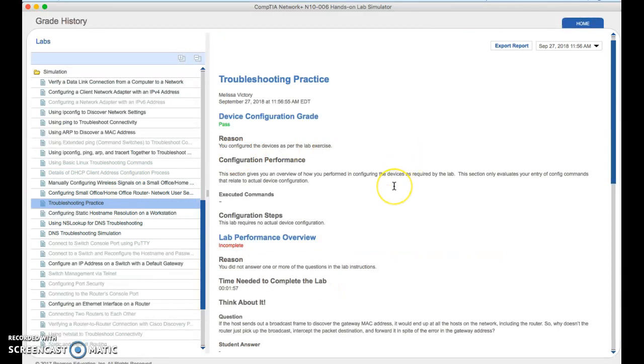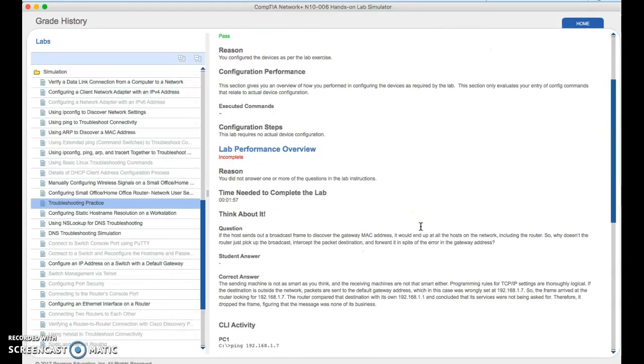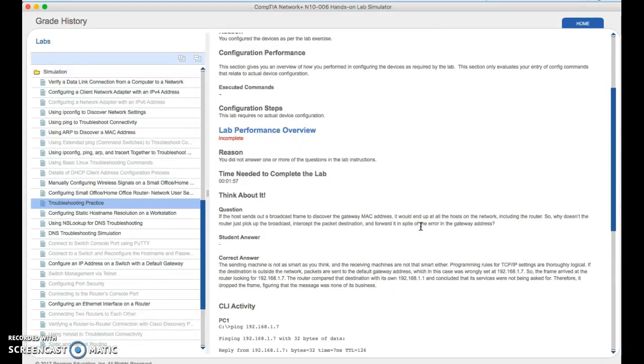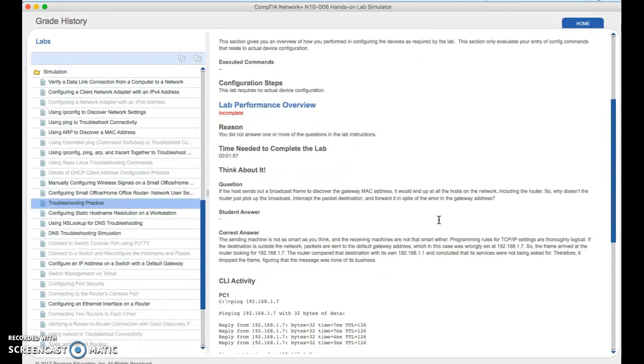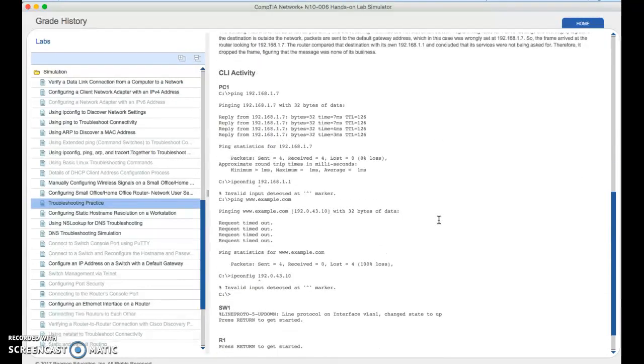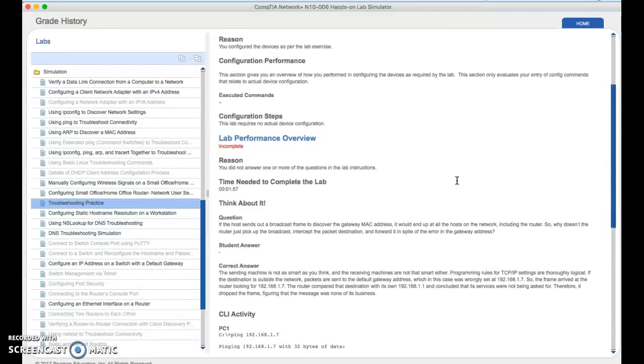Then I did the troubleshooting practice, which we talked about, because I was not able to get it to complete, even though I completed it many times. I don't know why I couldn't do that. This one I struggled with until I had one of the IT guys that I work with come down and look it over with me and explain the process.